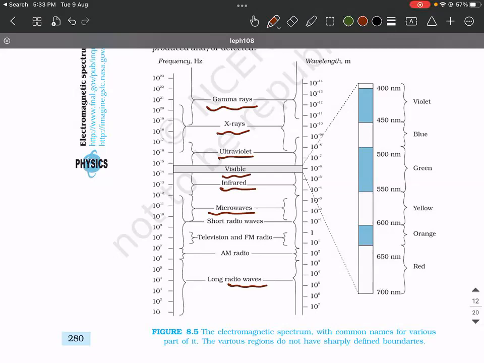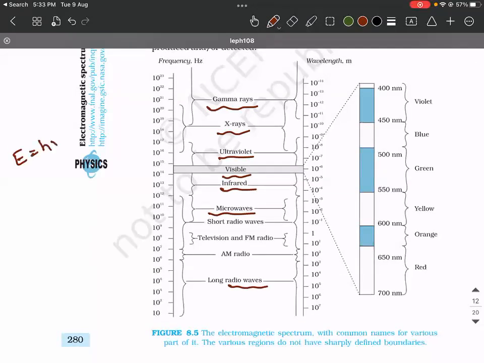When I say increasing order of frequency, can I say increasing order of energy also? Why? Because E is equal to h nu. You remember this? So energy is directly proportional to frequency. Or this can also be written as hc by lambda. This is Planck's equation of energy.